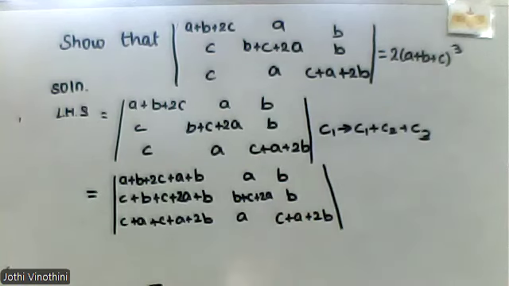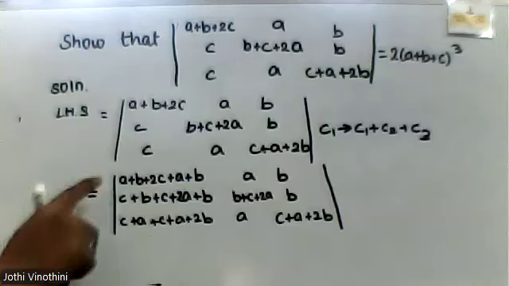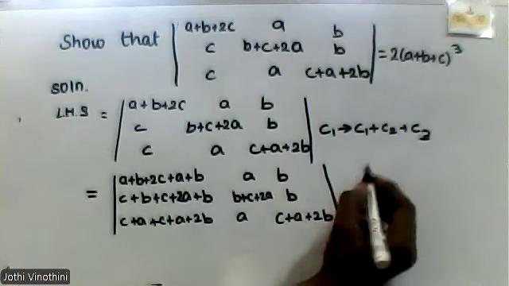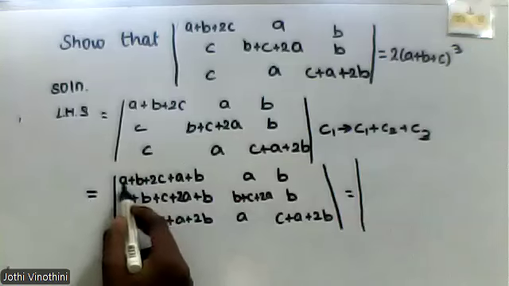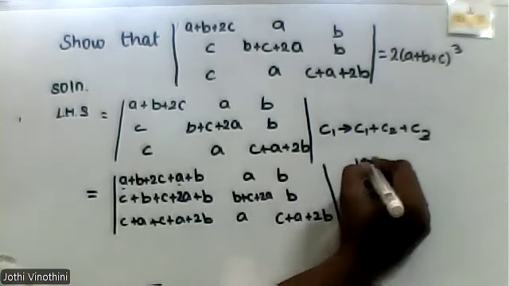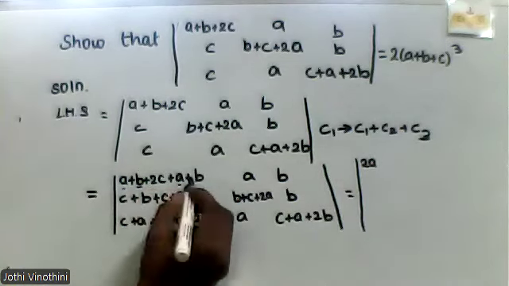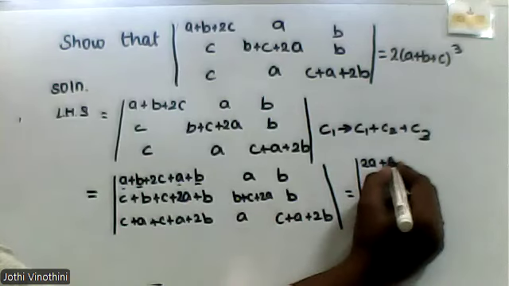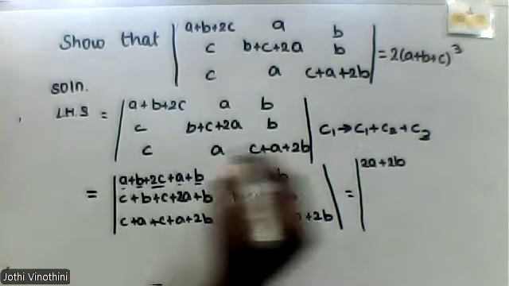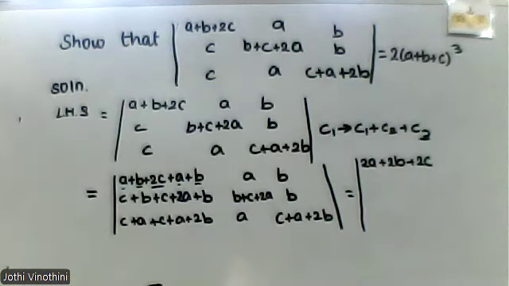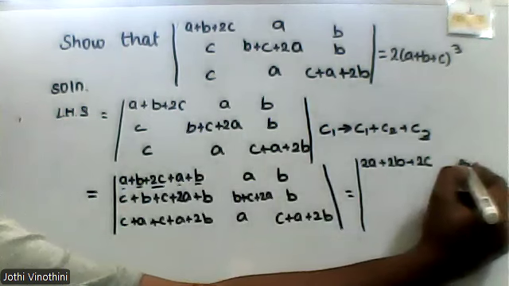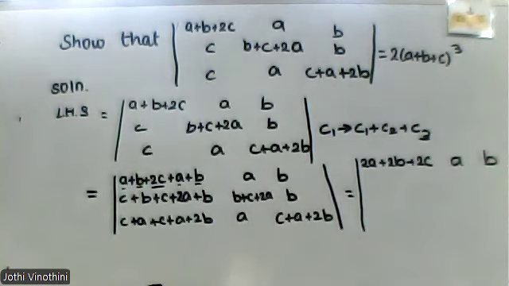Clear? So now we are going to simplify this. In the first row, a gives 2a, b gives plus 2b, and here we have 2c, so plus 2c. The remaining two elements remain the same, a and b.